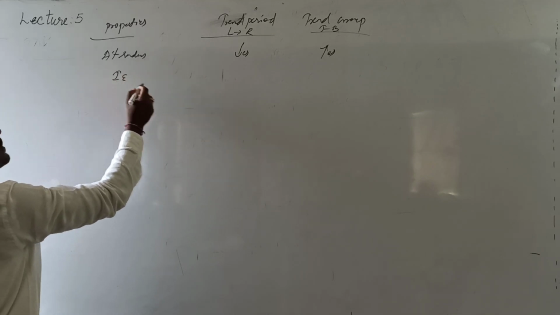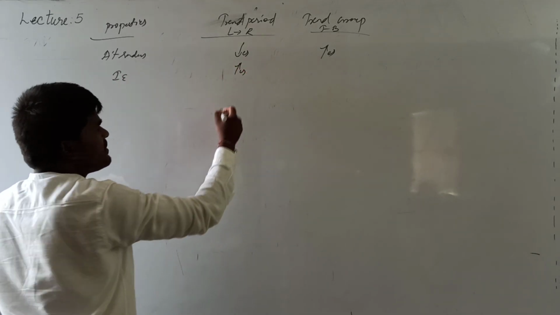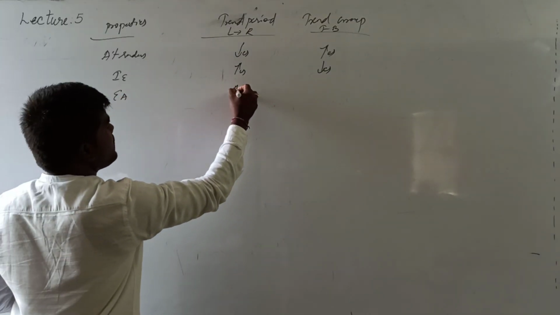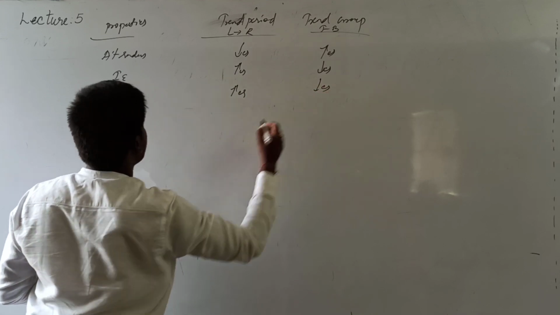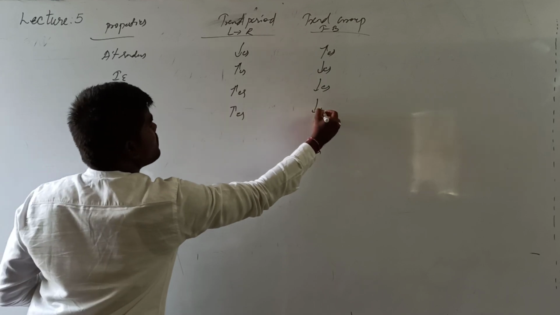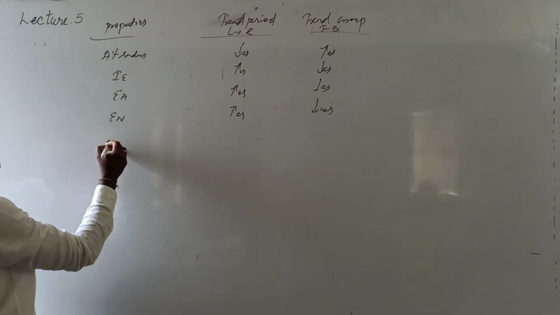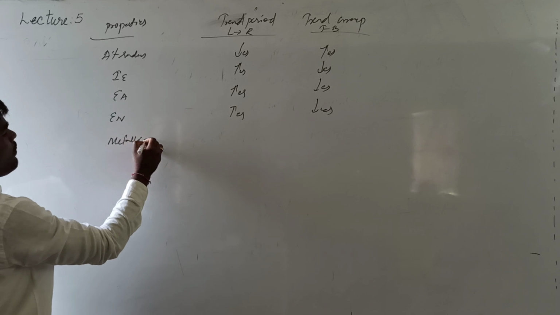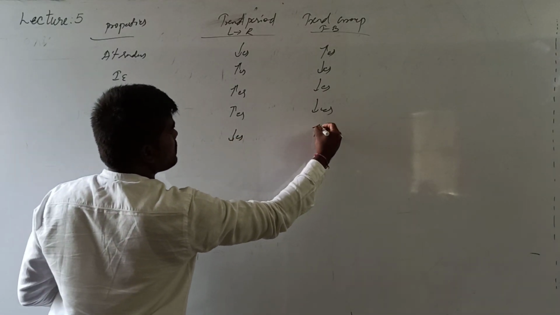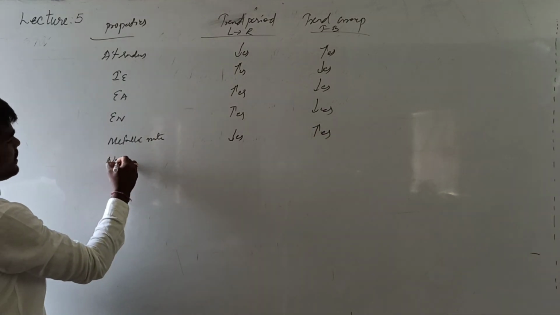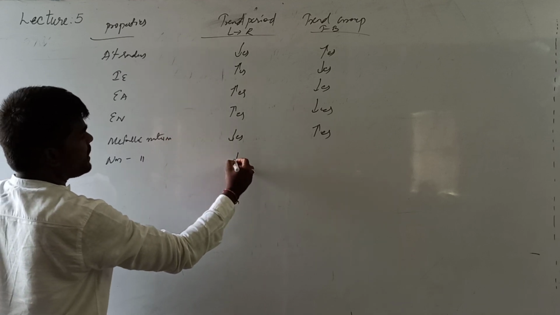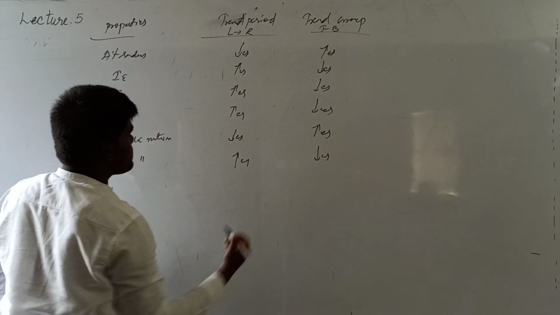Ionization energy: left to right increases, top to down decreases. Electron affinity: left to right increases, top to down decreases. Electronegativity: left to right increases, top to down decreases. Metallic nature: left to right decreases, top to down increases. Non-metallic nature: left to right increases, top to down decreases.